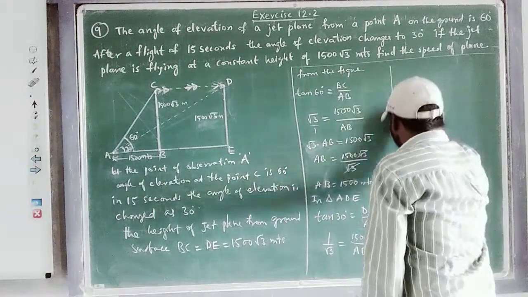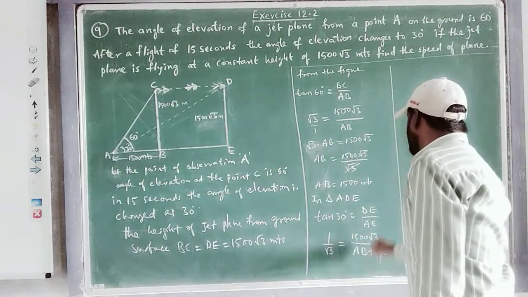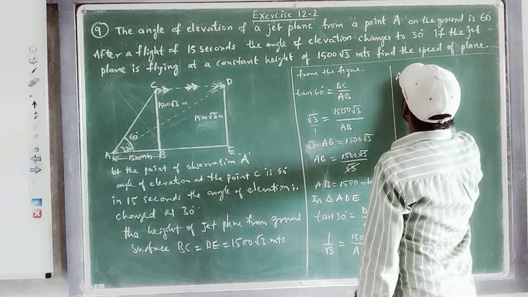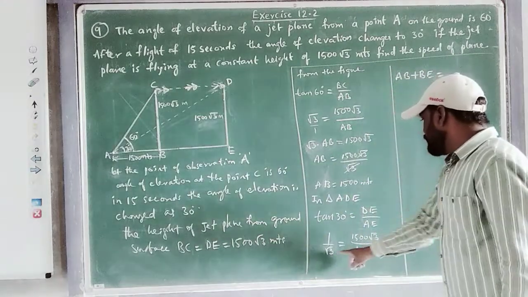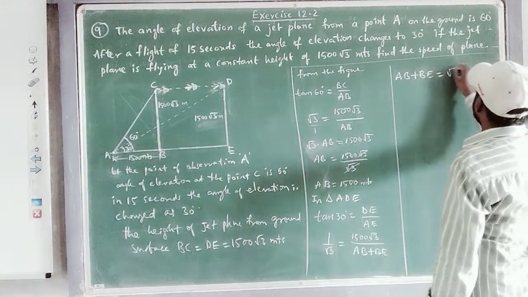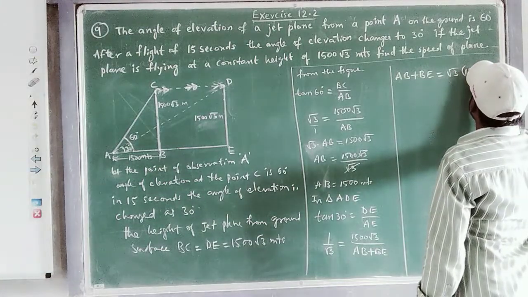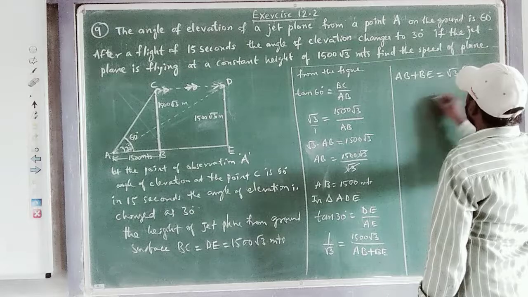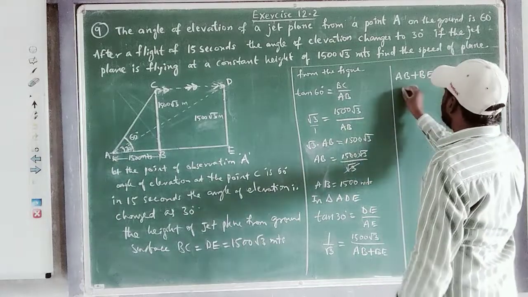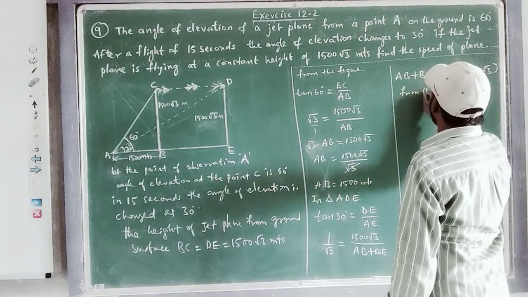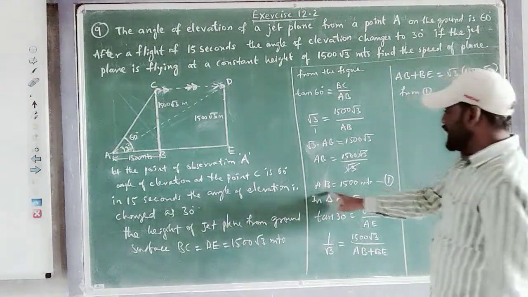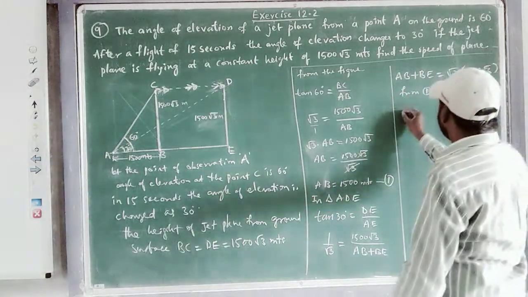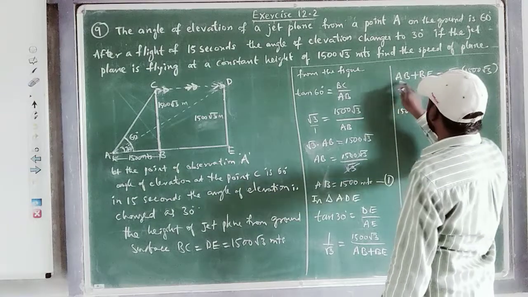Now, doing the cross multiplication, 1 into this will be the same. AB plus BE is equal to root 3 into 1500 root 3. From this, AB value is 1500, so I am substituting 1500 in place of AB.